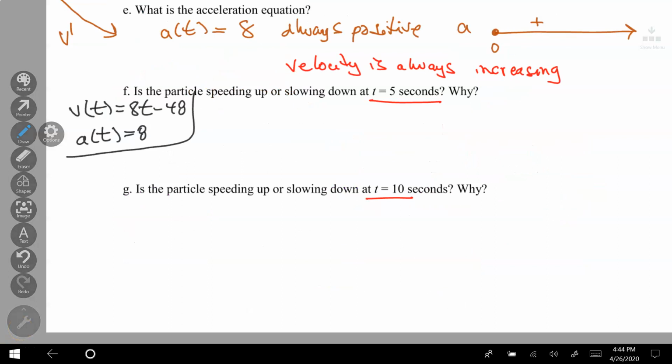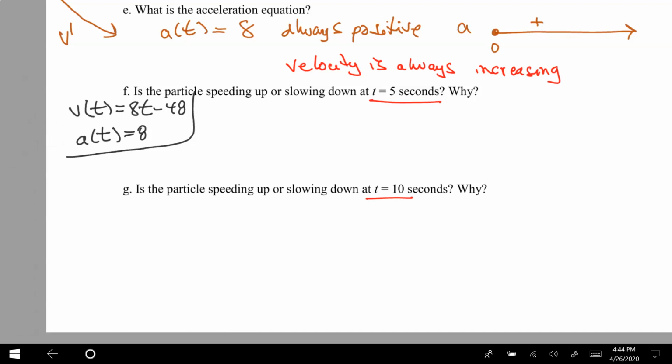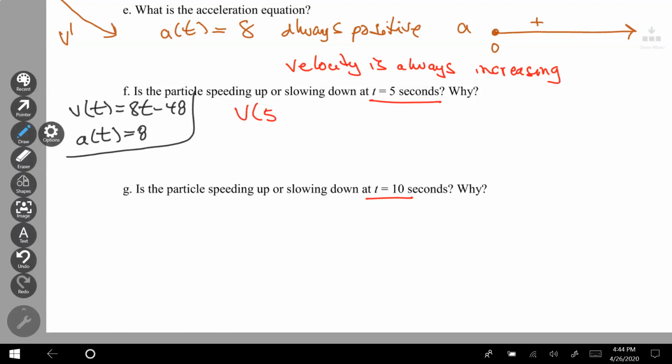So I brought my velocity and acceleration equations down so we could see them. So is it speeding up or slowing down at t equals 5? Well, at 5 seconds, my v of 5, plug it in here, I get negative 8 feet per second. And my acceleration at 5, it doesn't matter what time it is, it's always going to be 8 feet per second squared.